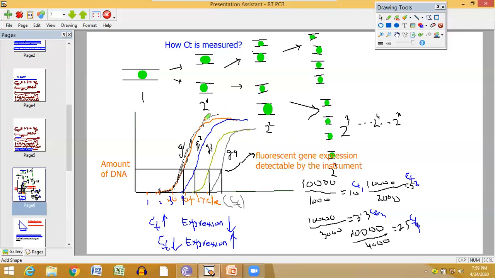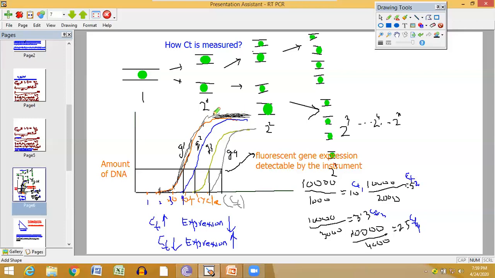And after a certain point, at the end phase of the reaction, when the amplification is already high, if the PCR goes on one cycle more, or two, or three, it doesn't matter, the signal is already almost saturated.